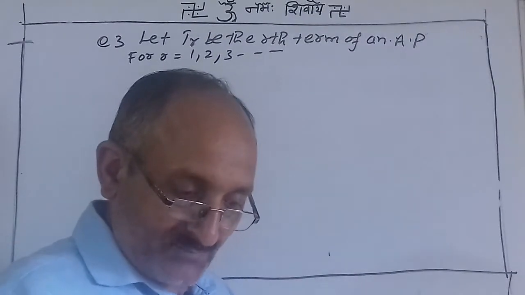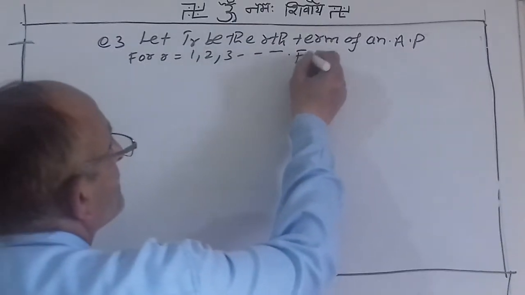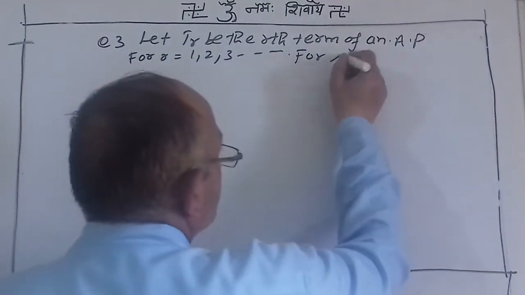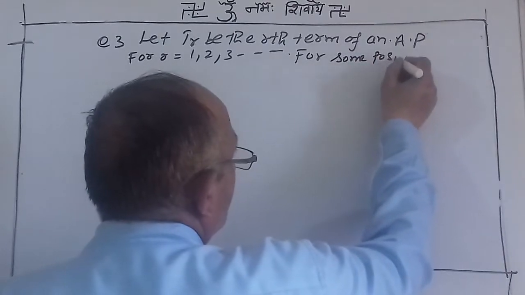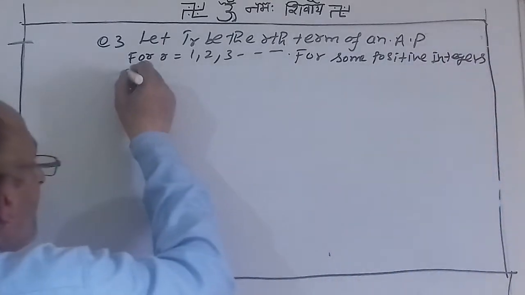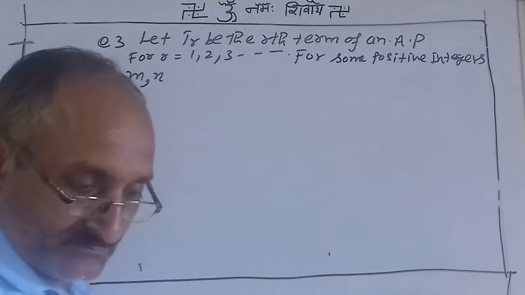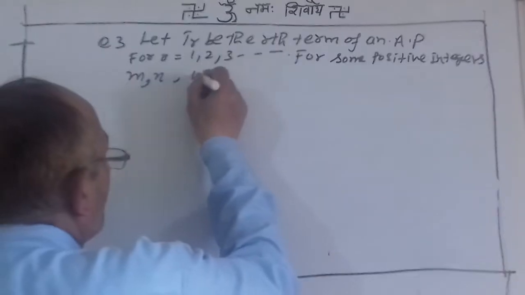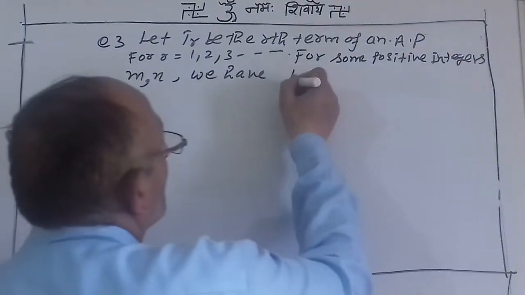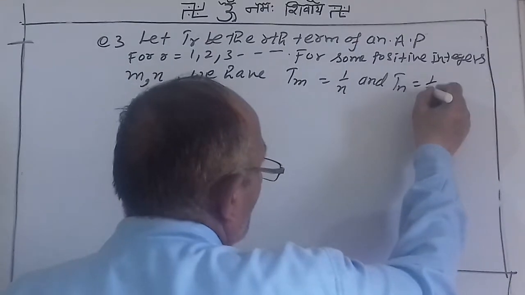In this case, for some positive integers m comma n, we have Tm is equal to 1 upon n and Tn is equal to 1 upon m.